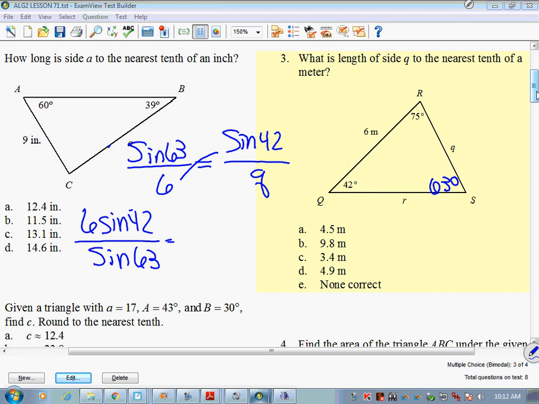Okay. Well, that's not our answer. You said 6.8. You typed in 6 sine 42 divided by sine 63. I recommend putting parentheses around 6 sine 42.